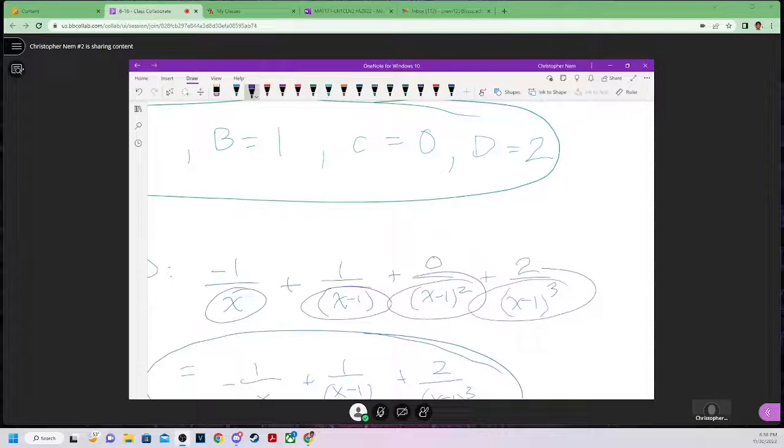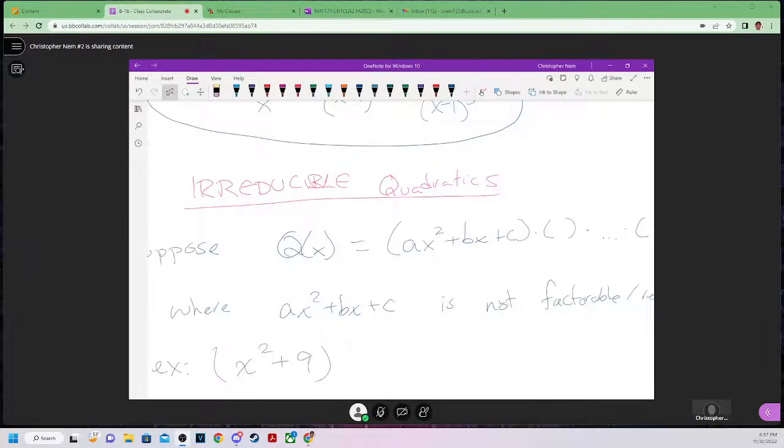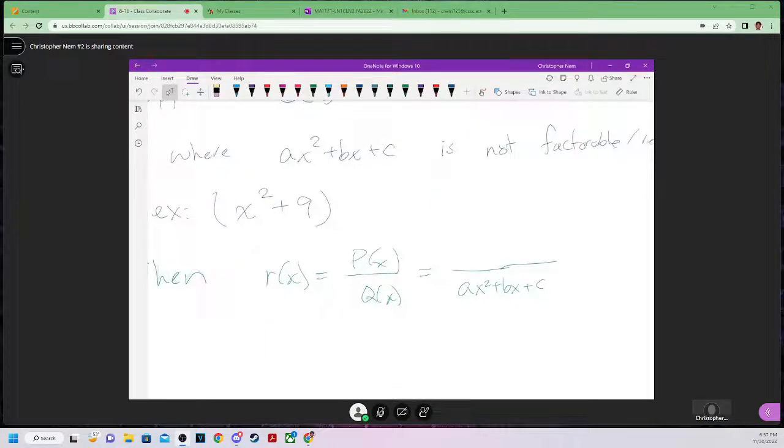My numerator is technically negative 1 times x to the 0 power, 1 times x to the 0 power. All of these have x to the 0 power, because x to the 0 power is 1, and 1 times any number is itself. So these are all x to the 0th power for the numerator. I'm going down an exponent. So if I have a quadratic factor or a quadratic denominator, my numerator has to go down 1 power.